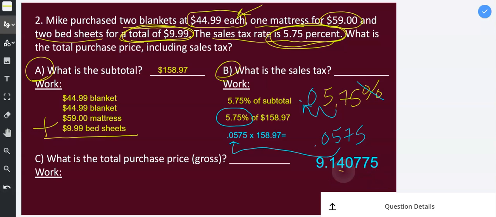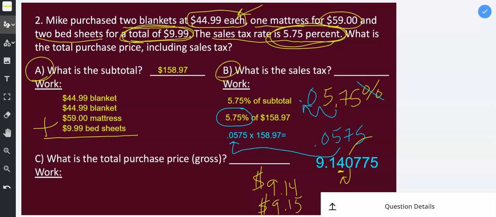So this is the hundredths place where the 4 is, so I'll underline that. Then the number to its right is the decision maker. 0 is the decision maker. It decides whether this is going to stay $9.14 or become $9.15. So it's either going to stay the same or go up 1 penny.